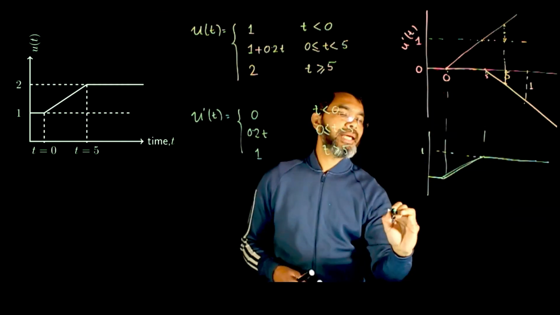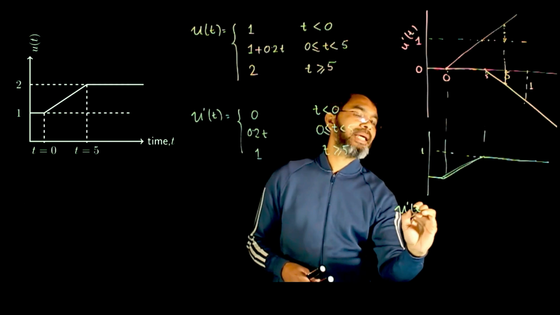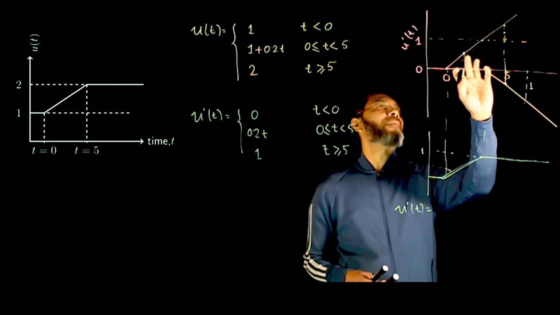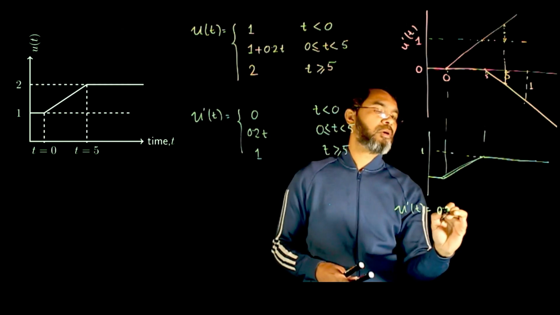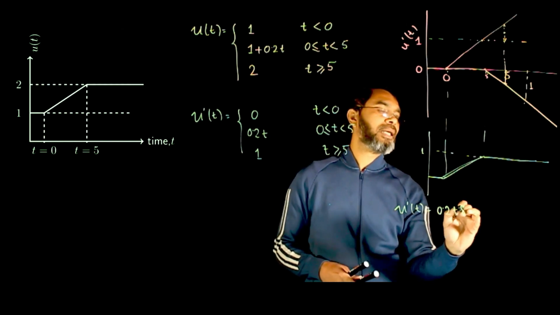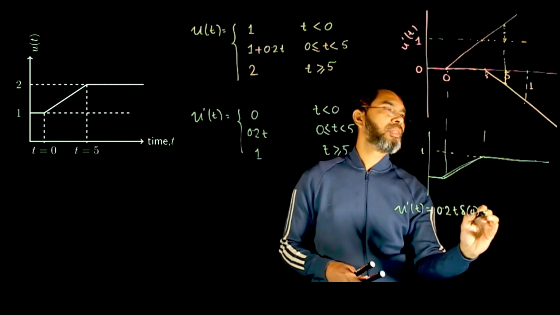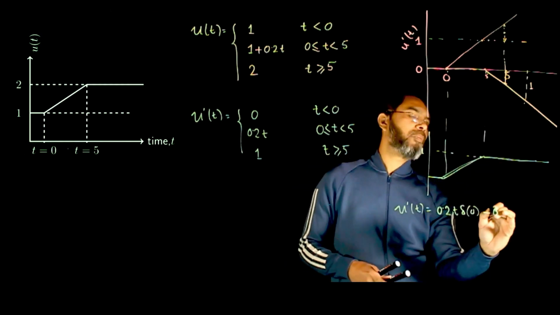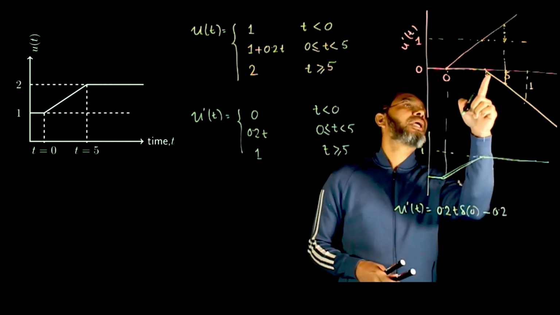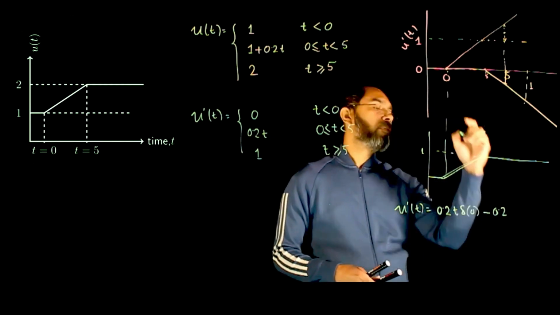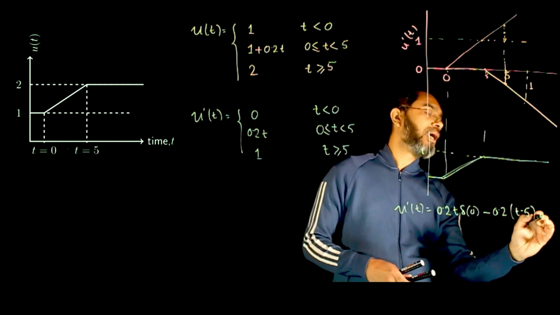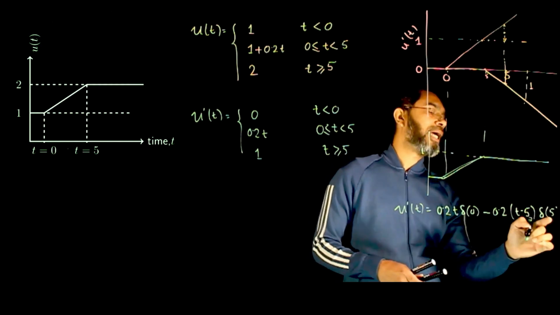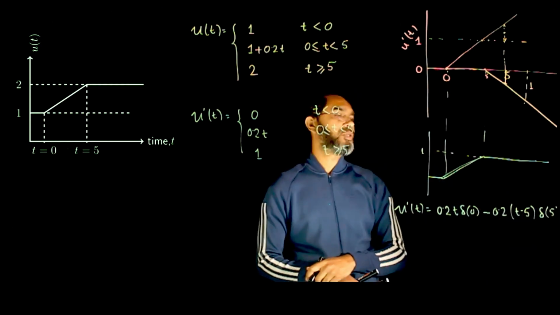Mathematically, u prime t is the sum of a ramp, which can be represented with the slope of 0.2, so 0.2t delta 0, and a negative ramp, again with 0.2 slope. However, it starts at time 5, so it is t minus 5, and then delta 5 to indicate that before 5 it's 0.